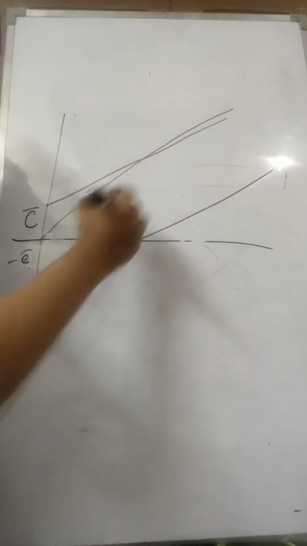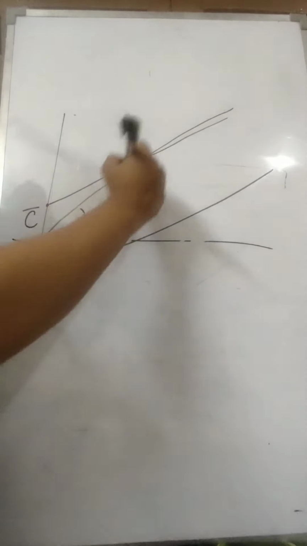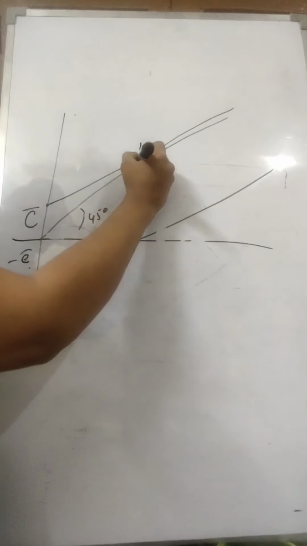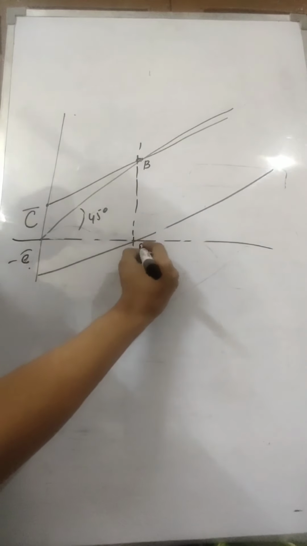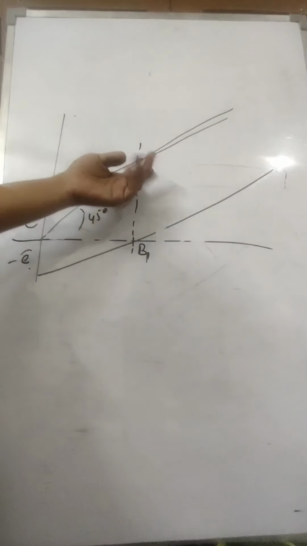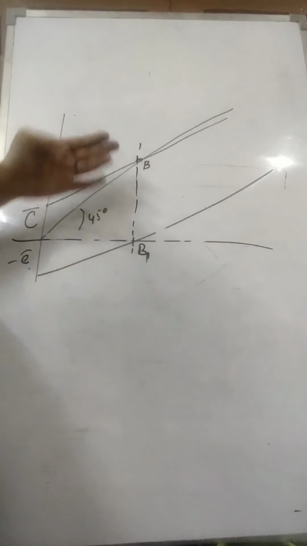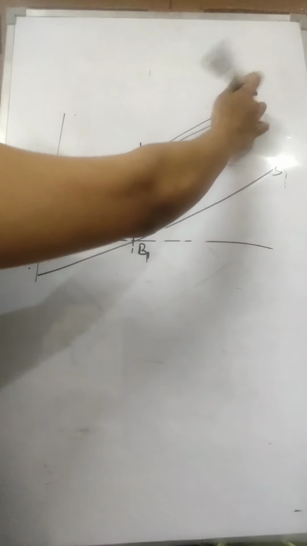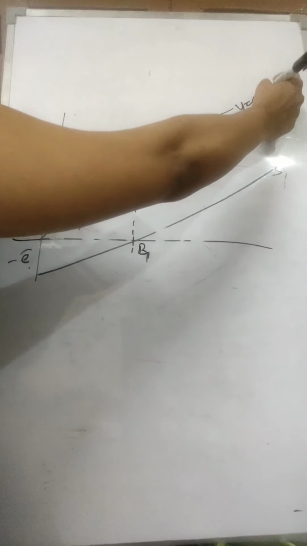Why? Because my intersecting point and this point will be at the same point. You can see that B and B1 will be perpendicular to each other. They lie on the same point, just parallel to each other. This is my S curve, this is my C curve, and this I can say is my Y curve, which is equal to C plus S.